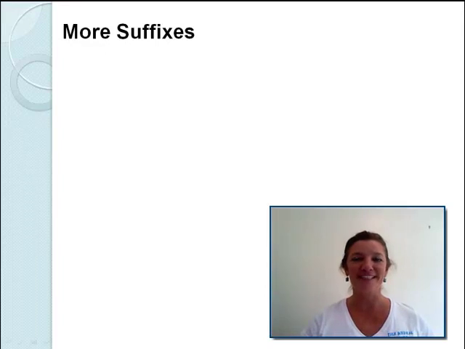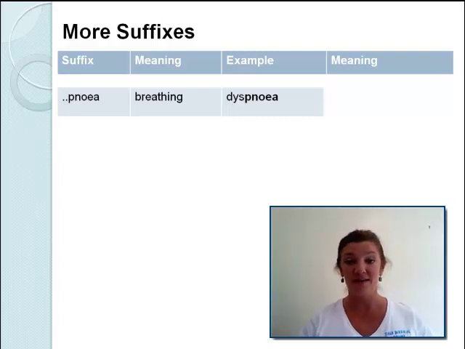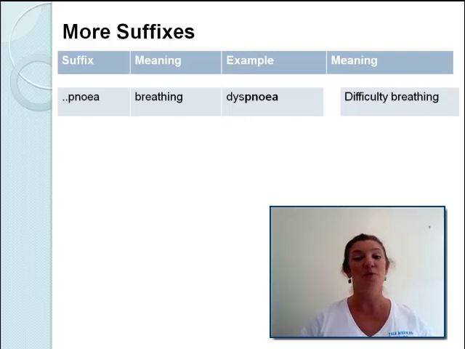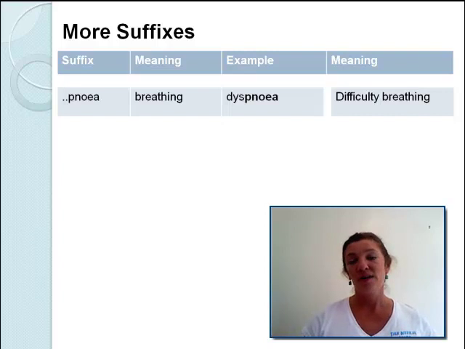Let's look at some more suffixes. In the respiratory system, we had the suffix "nia", meaning breathing. So dyspnea means difficulty breathing. In relation to the heart, a person may have dyspnea when they have various heart conditions.